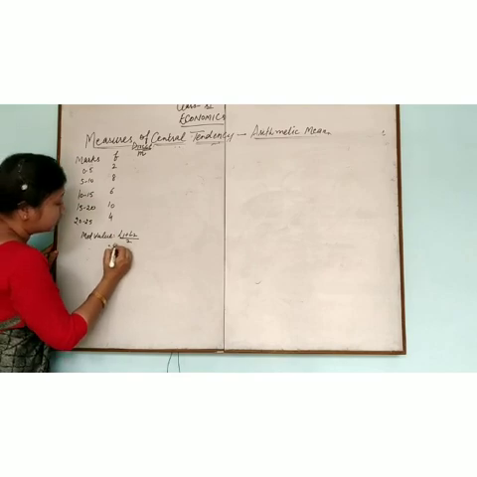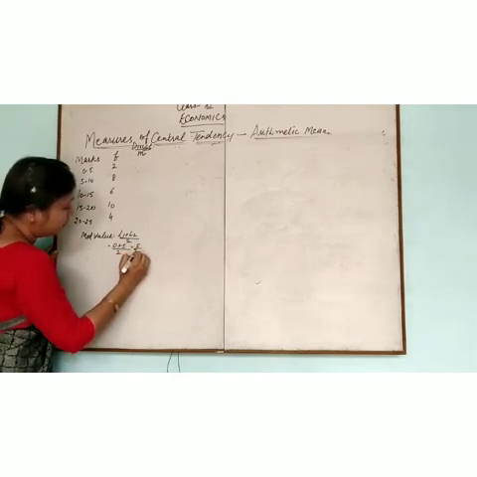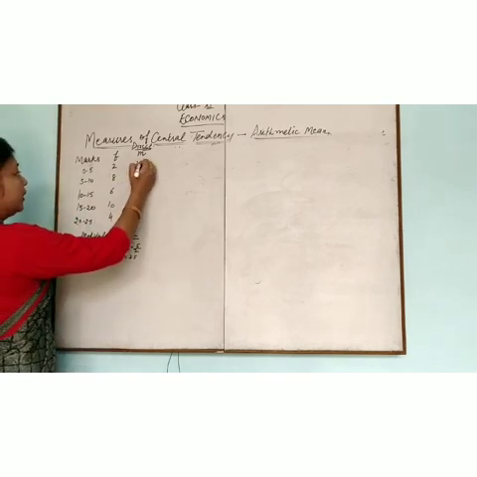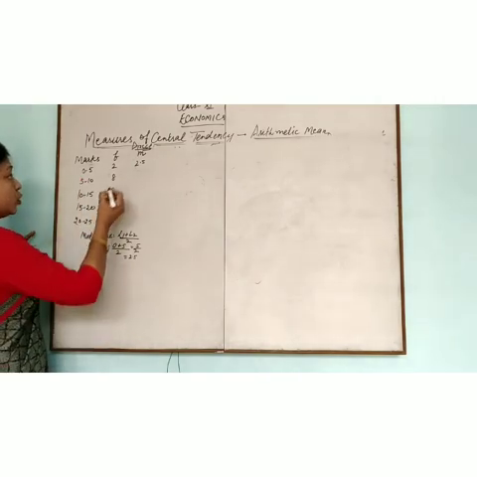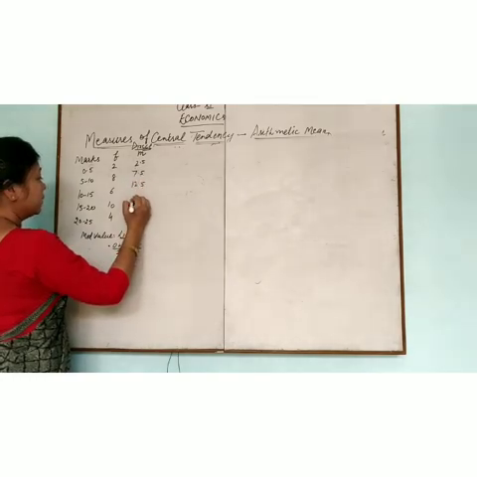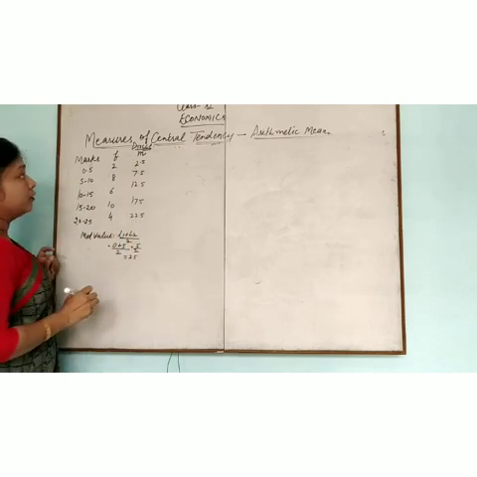Here lower limit is 0, upper limit is 5, divided by 2. 5 by 2, that is equal to 2.5. So the mid value here is 7.5, then 12.5, then 17.5, and then 22.5.